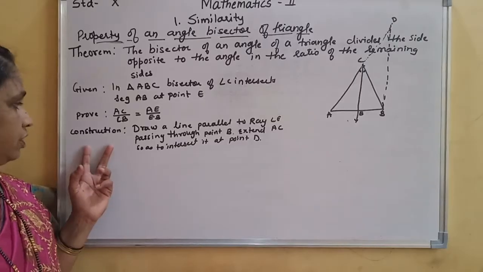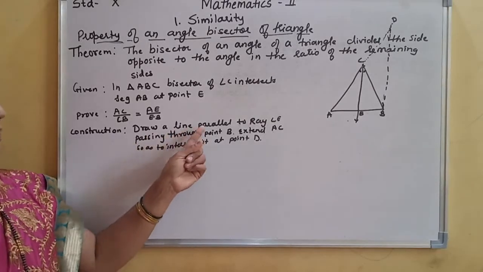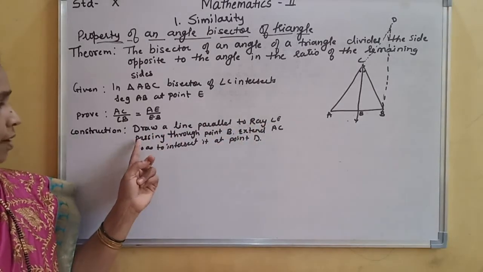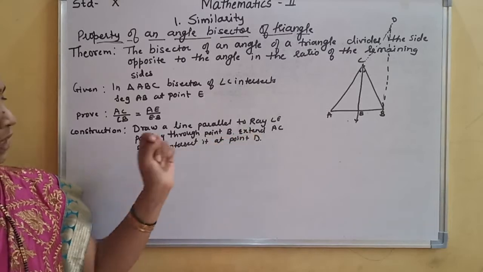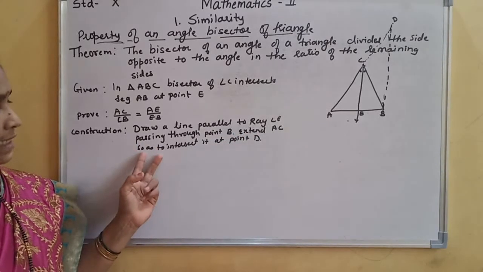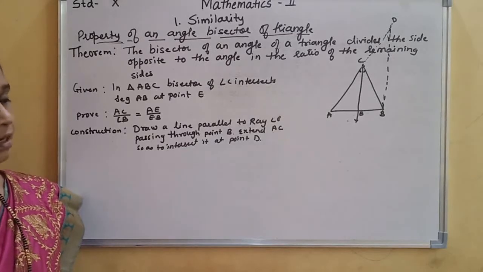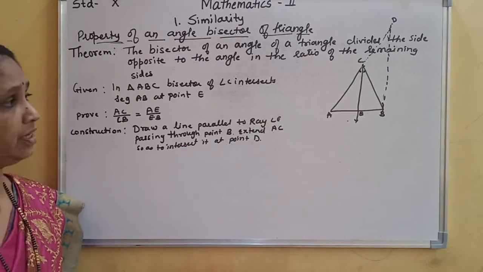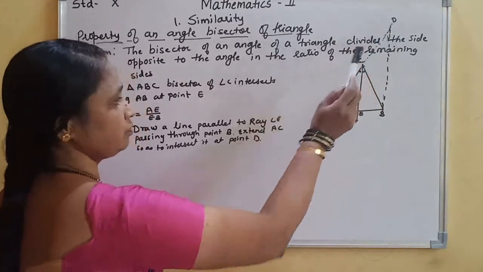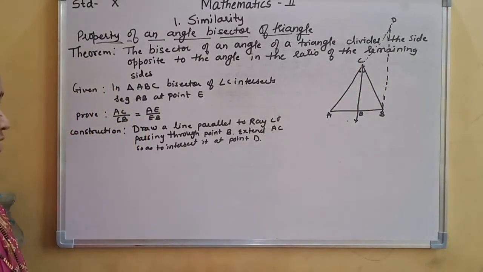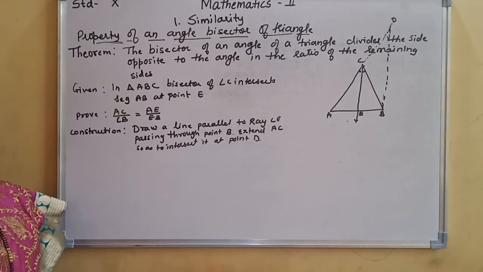Construction: draw a line parallel to ray CE passing through point B, and extend AC so as to intersect it at point D. Due to this construction it will become easy to prove the theorem.